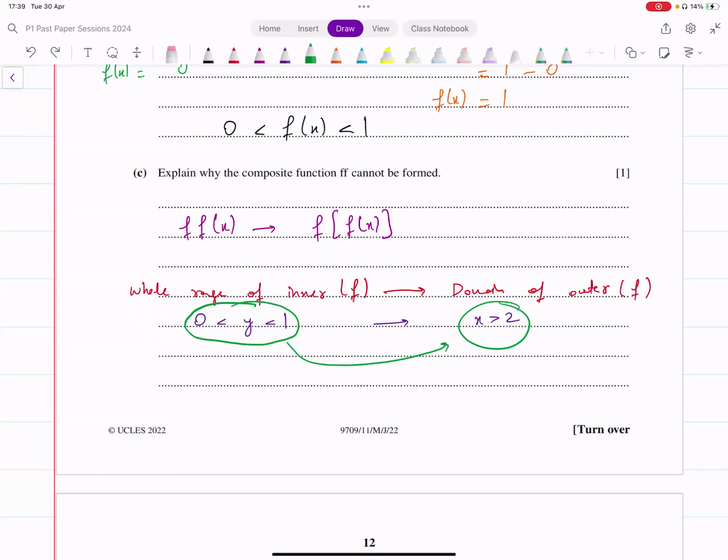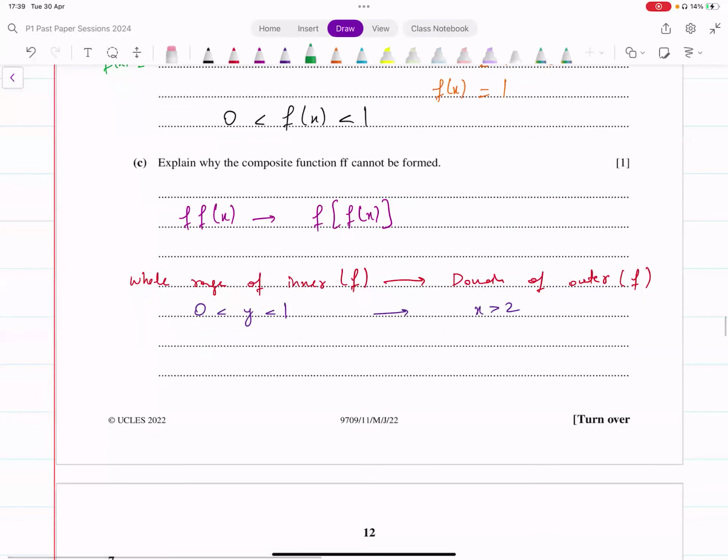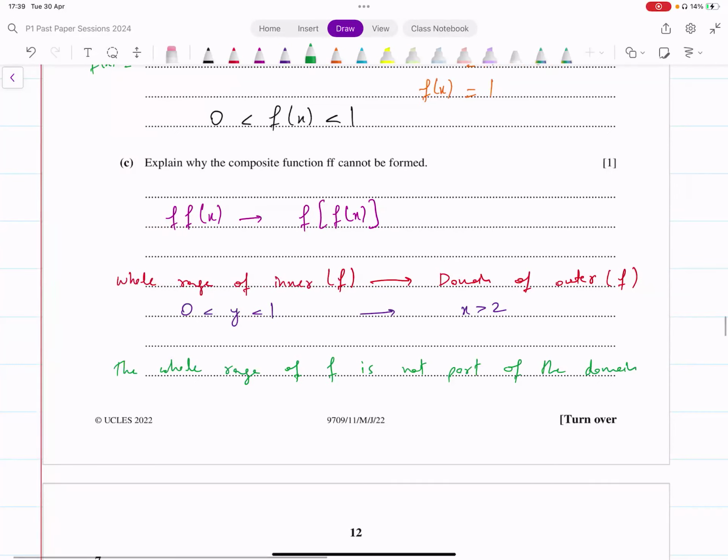So we have a problem. The function cannot be formed. So what do we write then? We say the whole range of f is not part of the domain of f. That is what you would write there.